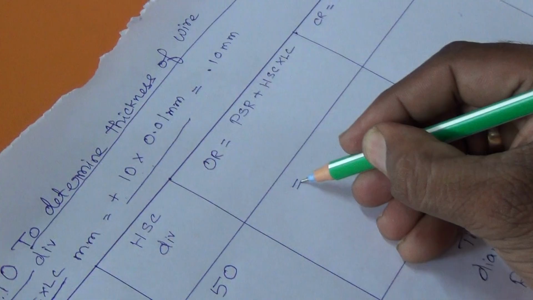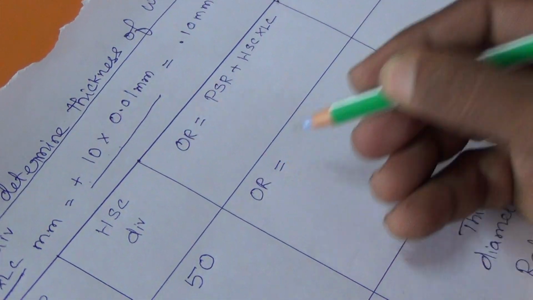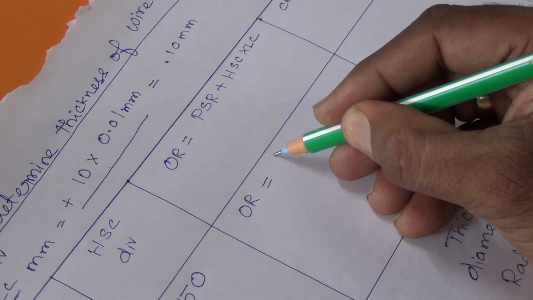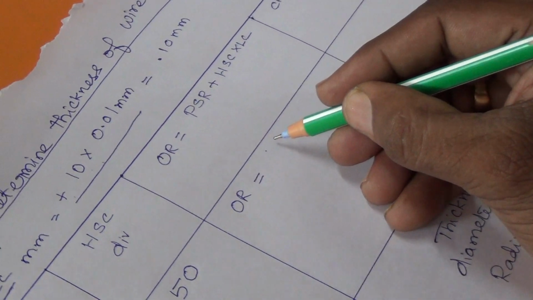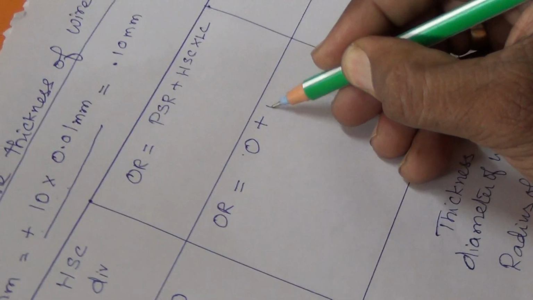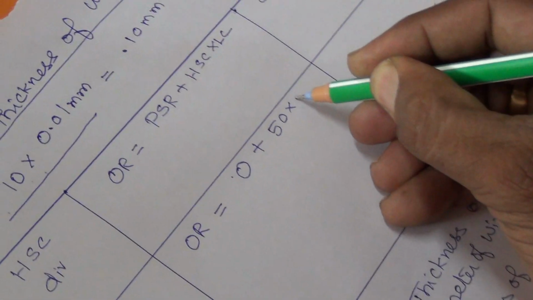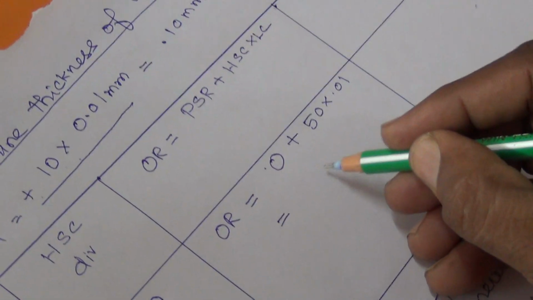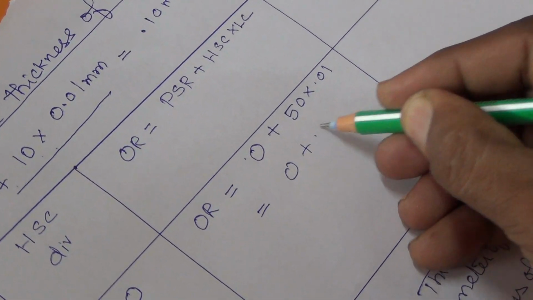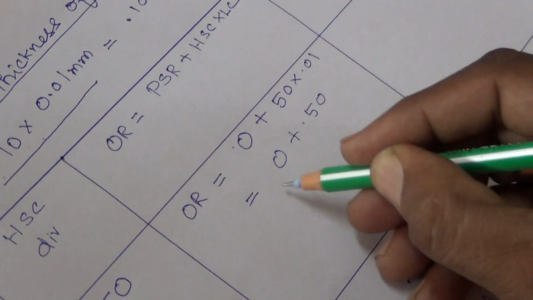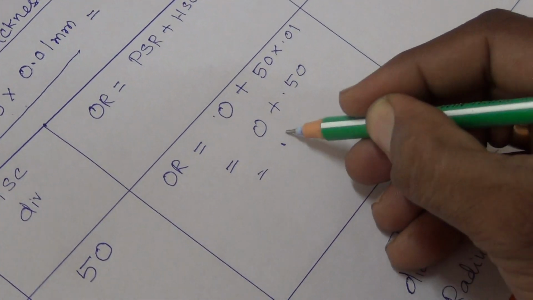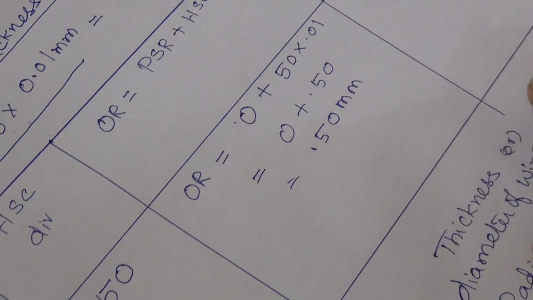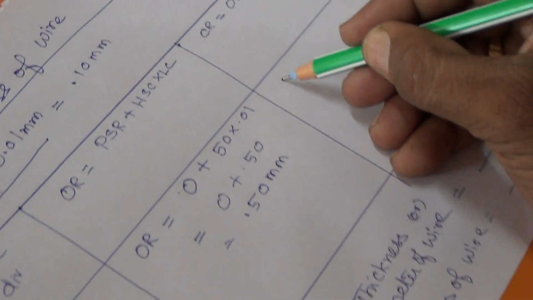So the observed reading is pitch scale 0 plus head scale 50 into least count 0.01. So the value will become 0 plus 0.50, that is 0.50 millimeter.